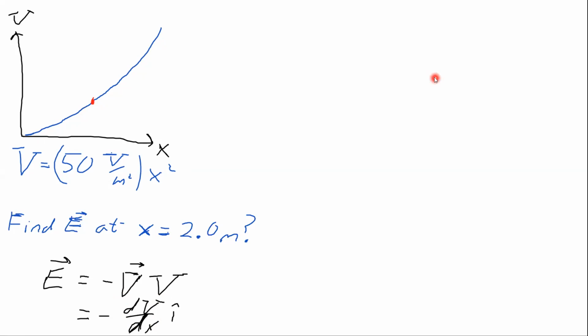So electric field equals negative d over dx of my function, and I'm just going to drop off the units here, 50 x squared, and it's going to be i hat. Of course, this is my vector.